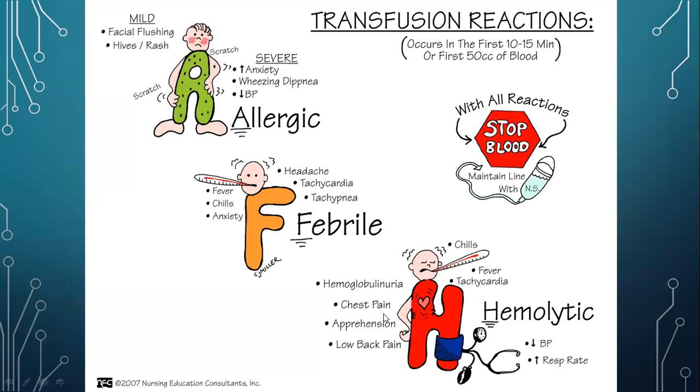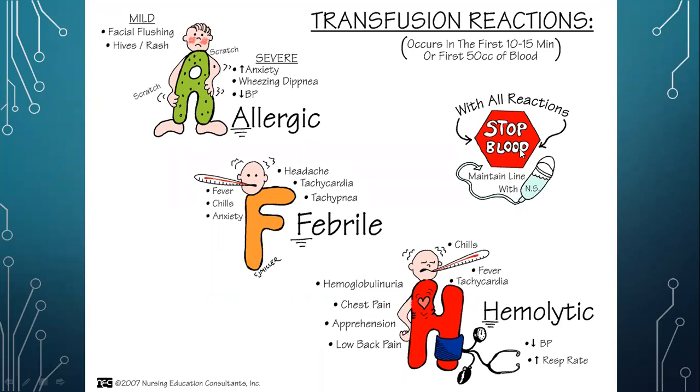Some books say flank pain, right? So second question, if I see my patient has a blood transfusion reaction, what are my responsibilities? My responsibility is to immediately stop the blood transfusion.